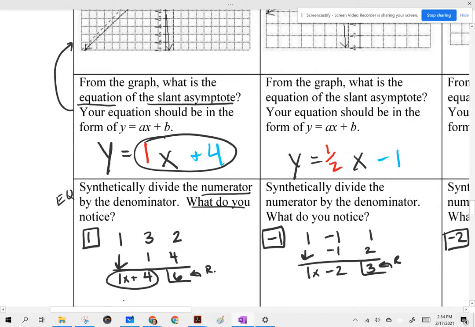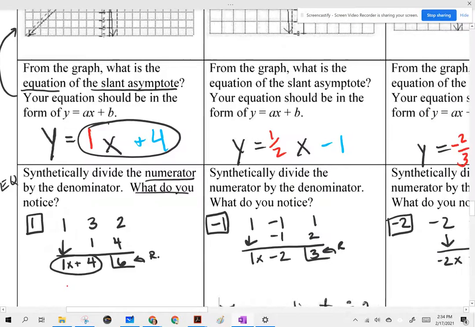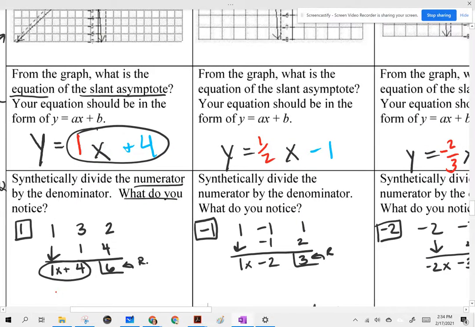Okay. So now let's take a look at this. It's close, but if I take a look at 1x minus 2 and I'm trying to get it to look like that, it looks like I would have to divide that by 2. So in this case, I would have to divide my quotient by 2 in order to get my answer to look exactly like the slant asymptote.